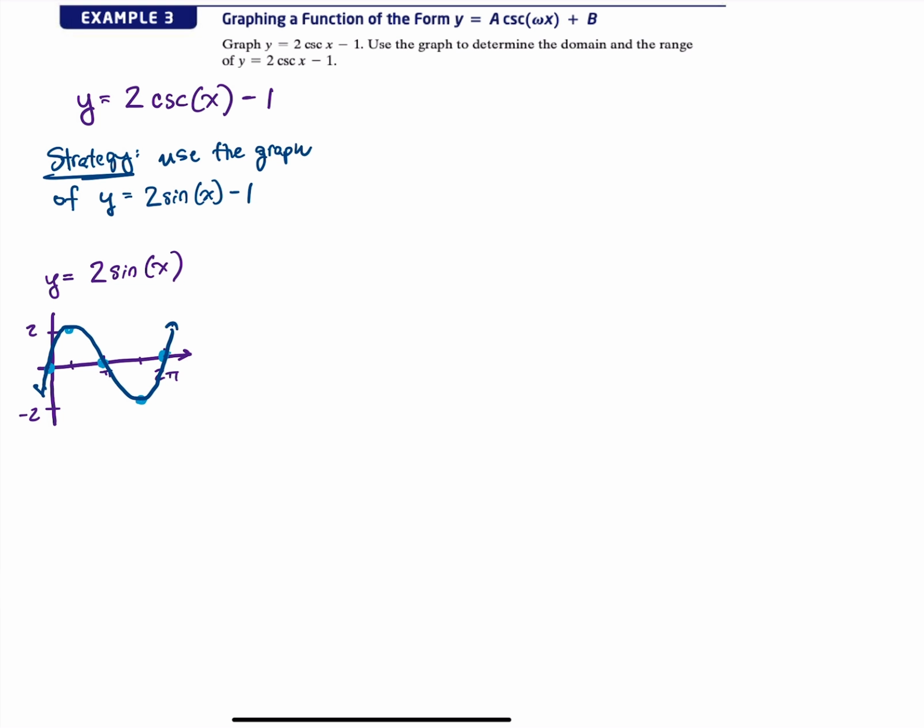Okay, and then this needs to be shifted down 1 unit. You have a vertical shift down. So let's imagine this will be now 2 sine of x minus 1. So I can imagine the central axis has been shifted down 1 unit.